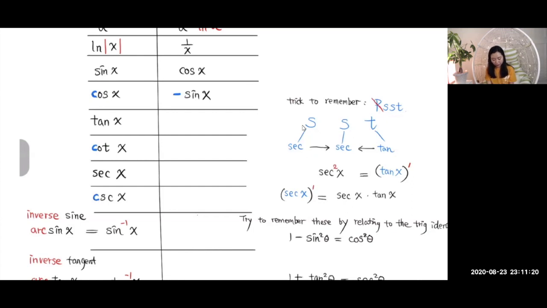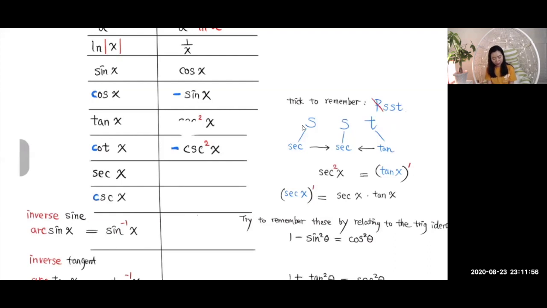So the duality for tangent of x is going to be secant squared x. The duality for cotangent of x: if you remember the duality for tangent x, that's secant squared of x, then you can remember the duality for cotangent x. Think about this as a co-function of that. For secant x, we'll write the corresponding one here, that will be cosecant of x.